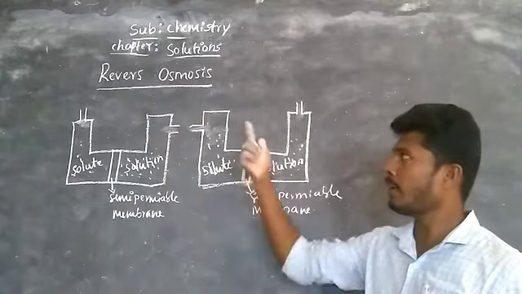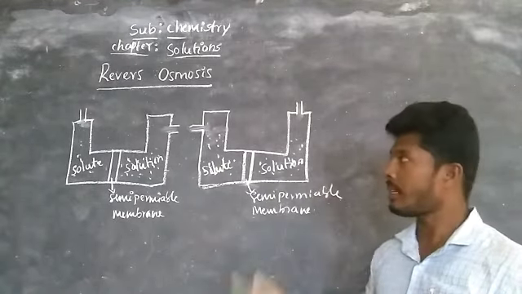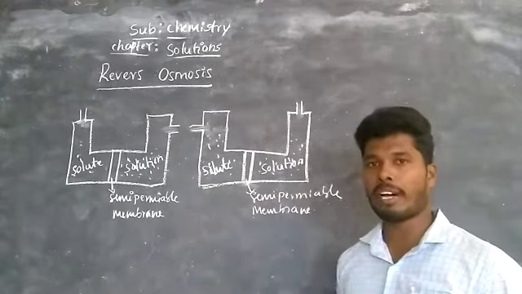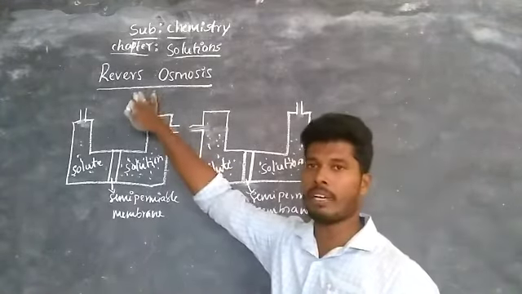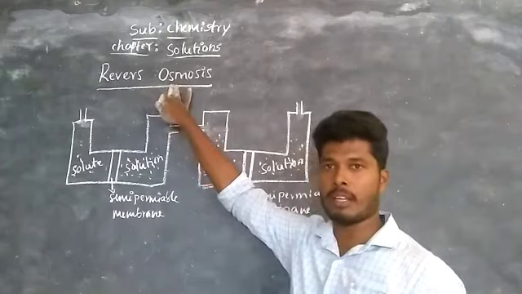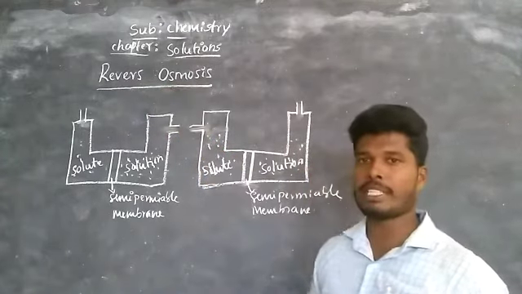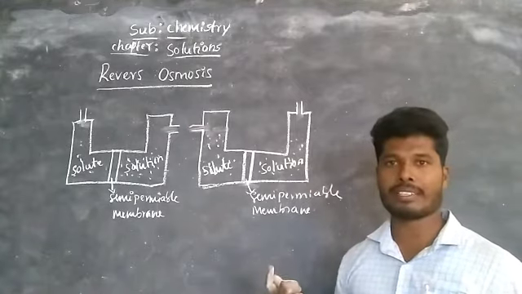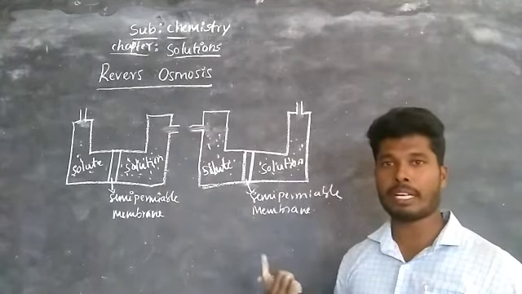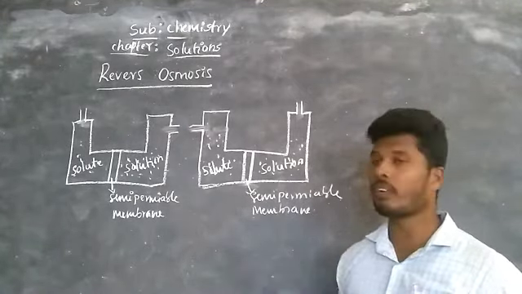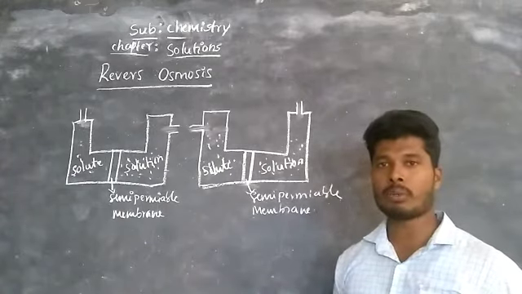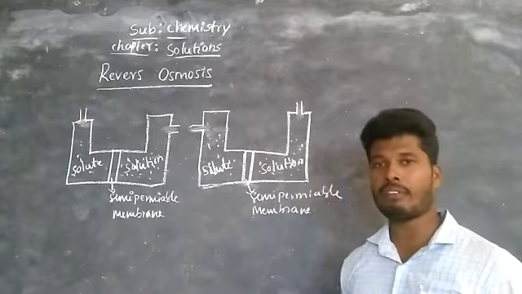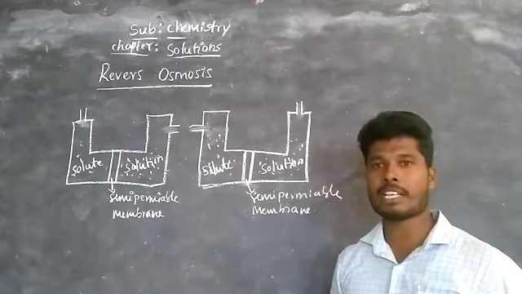Now we are going to learn reverse osmosis. Reverse osmosis is exactly the opposite of osmosis, so we call it reverse osmosis. The word itself says it. Observe, by the principle of reverse osmosis only, the purification of water works. Water purifiers work on the basis of reverse osmosis, and also sea waters, marine waters are purified by the principle of reverse osmosis only.